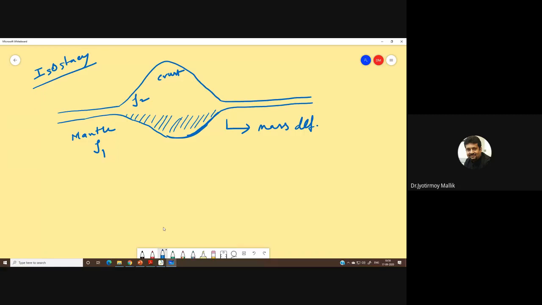Mass deficit is being created when there is a mountain, and because of the presence of the mountain, there is a root, and this root essentially creates a mass deficit because we conceptualize it that the effective density of this area kind of reduced, because if this root would have not been there, then the whole density would have still been rho 1, okay, which is higher. But then because of the presence of this rho 2, there is a mass deficit.